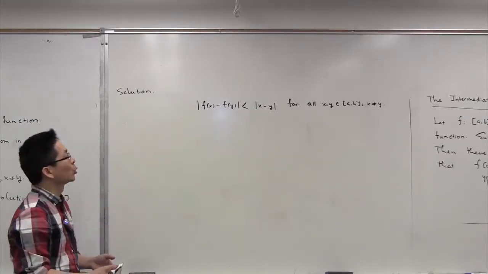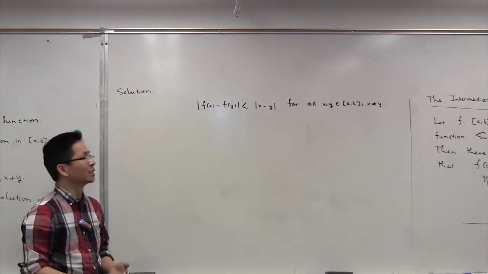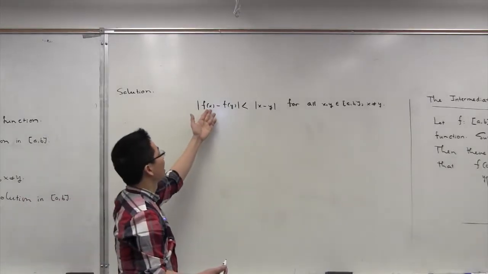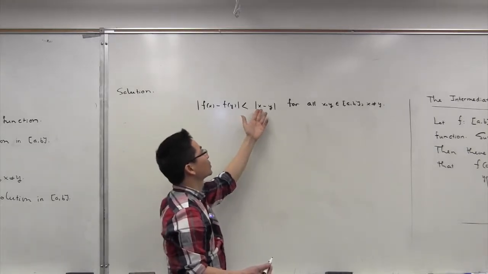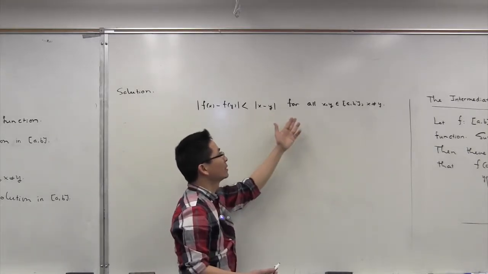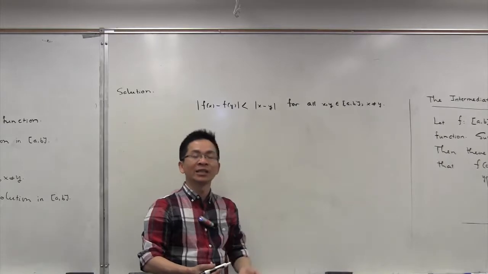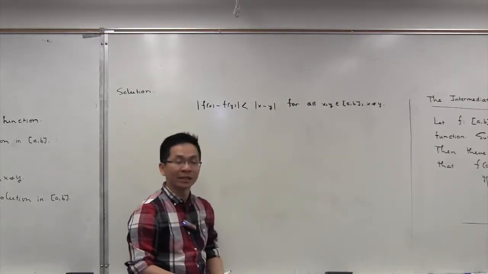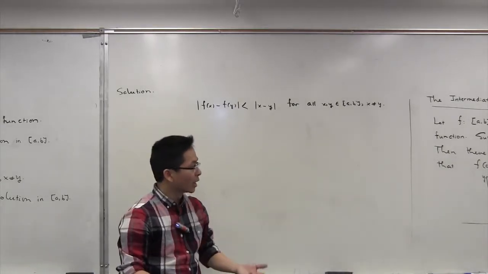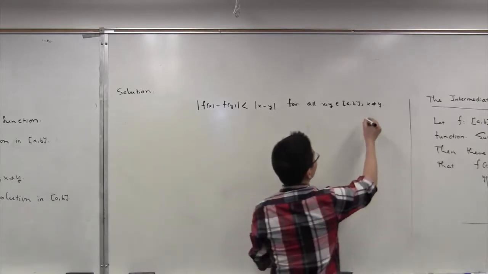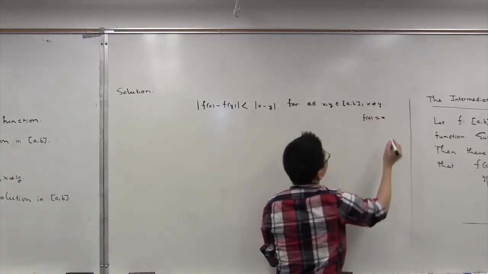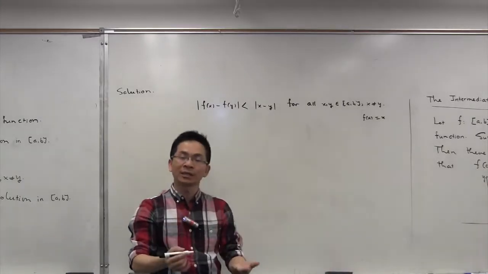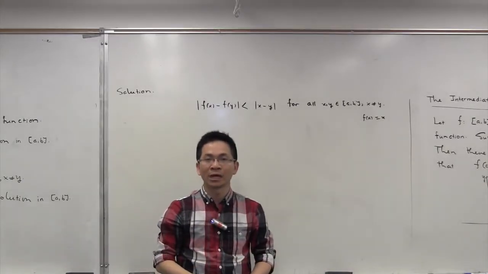In the second part, we impose an additional condition that the absolute value of f of x minus f of y is strictly less than the absolute value of x minus y whenever x and y are in the interval AB and x is not equal to y. And we are going to show that the equation f of x equals x has a unique solution in the interval AB.